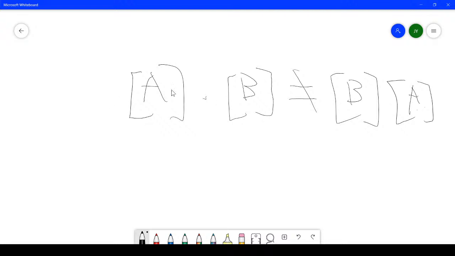The order is very important, because whatever comes first and whatever comes last defines which row you're multiplying to which column.